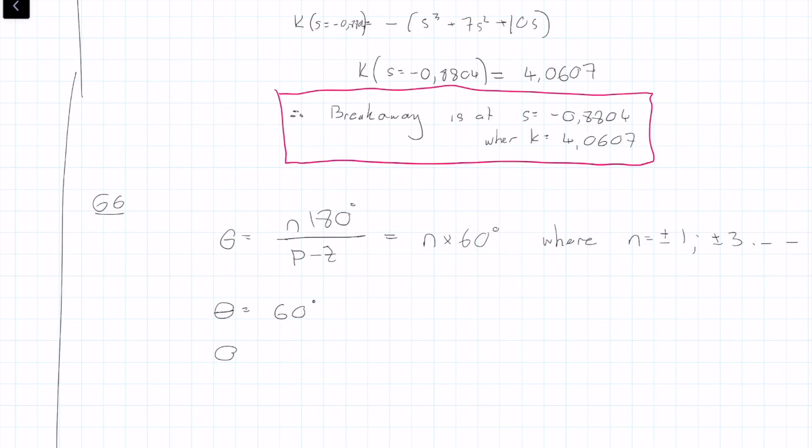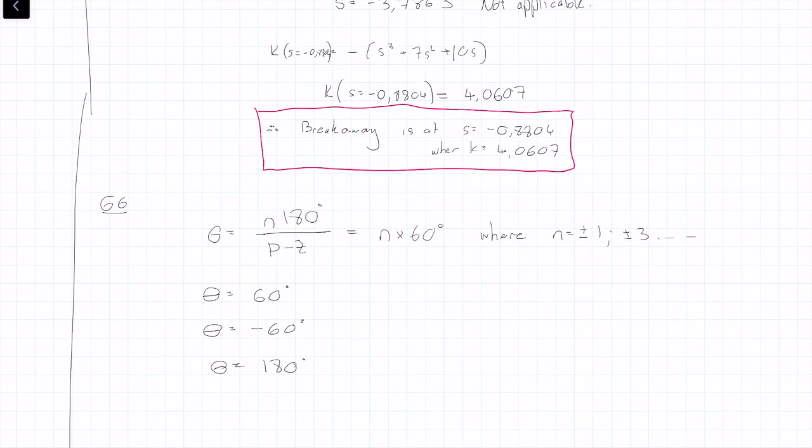The second one would be minus 60 degrees. And the third one would be 3 times 60, which is 180 degrees. Okay, so let's just sketch out what it would look like. Basically, if we went again, we would get minus 180 degrees, which is the same as 180 degrees.